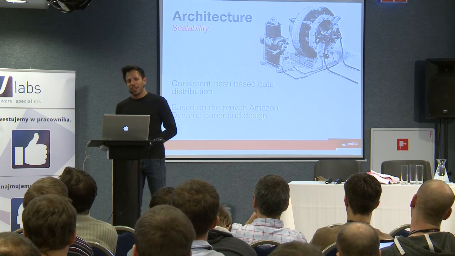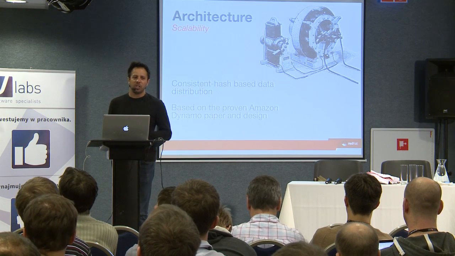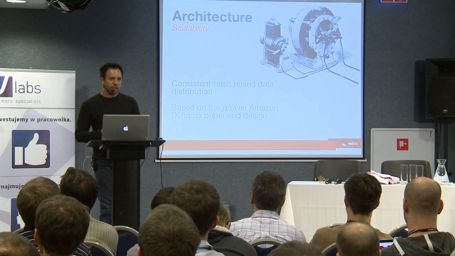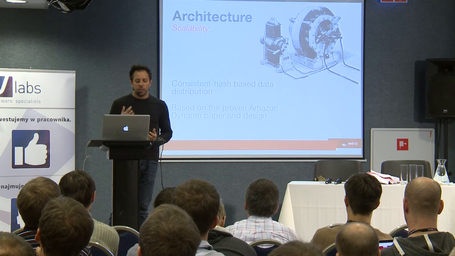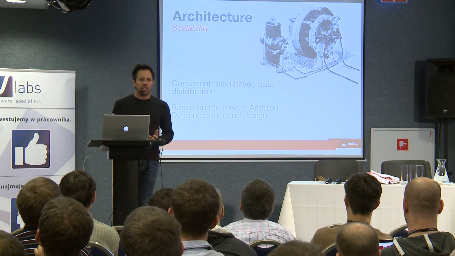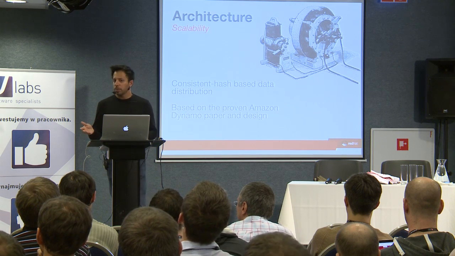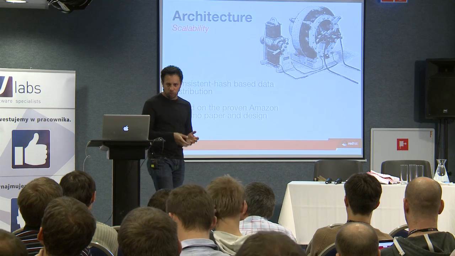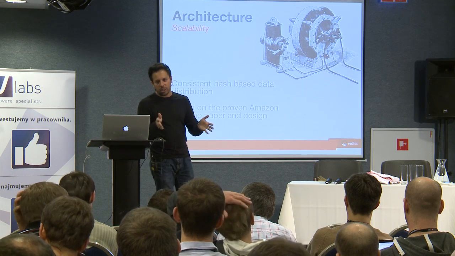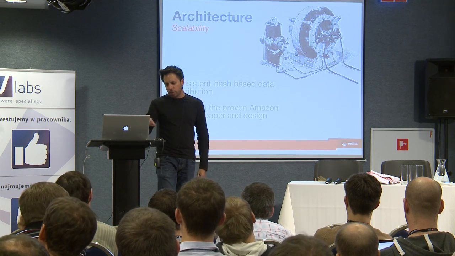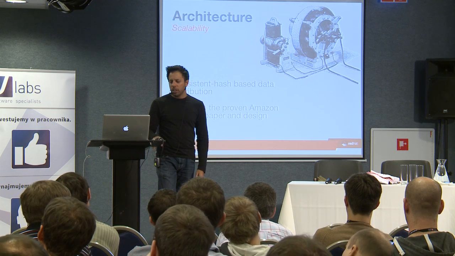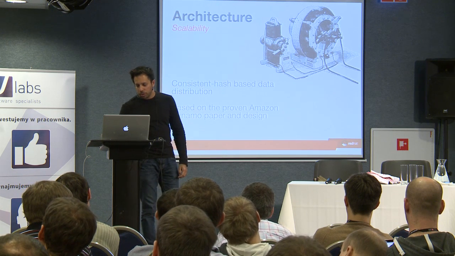But anyway, a lot of core Infinispan design is based on Amazon Dynamo and the ideas in it. Amazon Dynamo is basically a system for distributing data in a fault-tolerant way on an unreliable network, where some nodes will fail and some nodes will not fail, and a way of locating data across a cluster. I'm not going to go into too much detail of Amazon Dynamo, but essentially this is what we use.